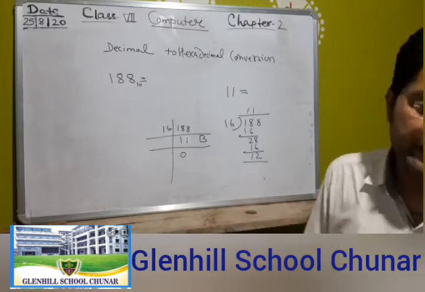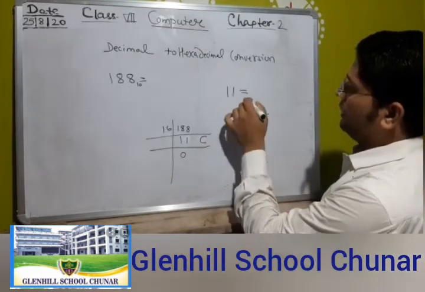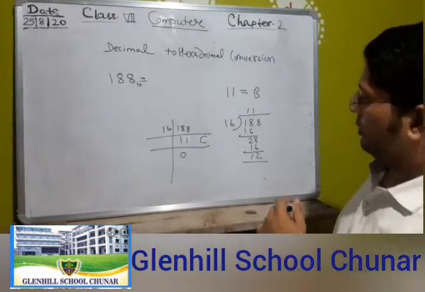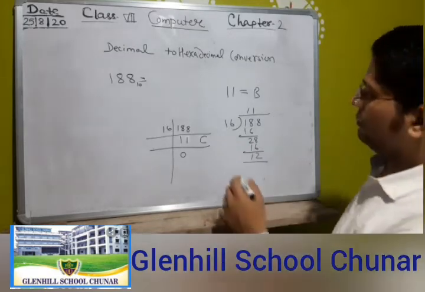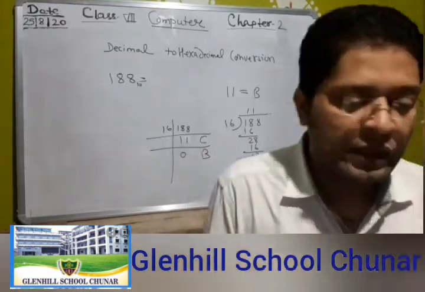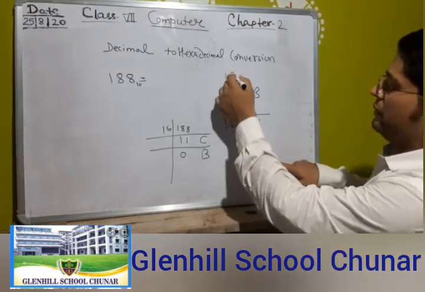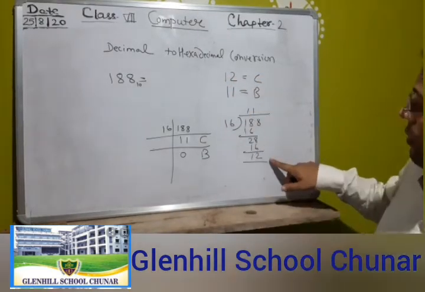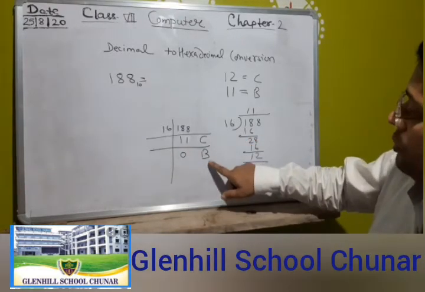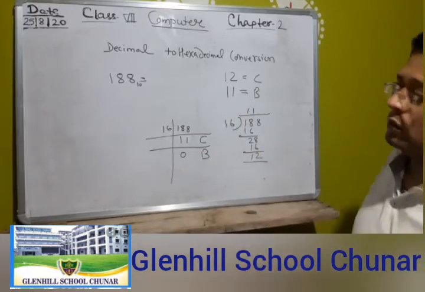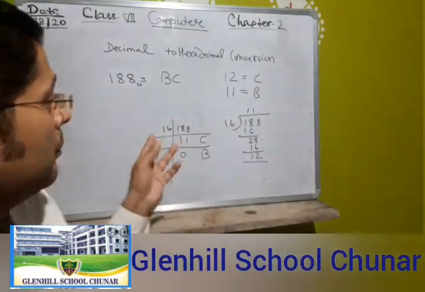B. Okay, here is remainder 12, so that means C, and 11 here, so that's value of 11 is B. Okay student, so that means BC. Clear? Yes, the value will be BC.